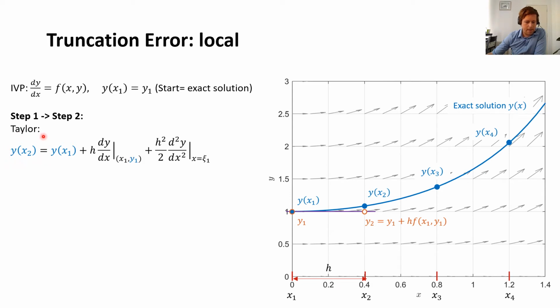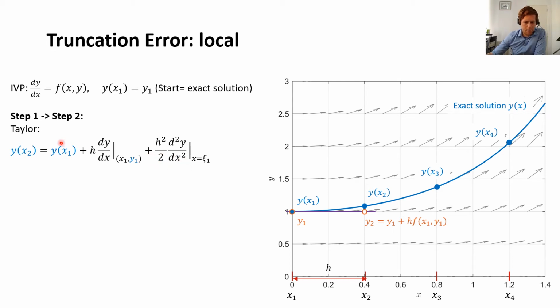So we can write that y evaluated at x2 is y evaluated at x1 plus h times the first derivative at this point, plus h squared over 2 times the second derivative evaluated at some point in between 0 and 0.4. So that's this remainder term that we observe in Taylor series.